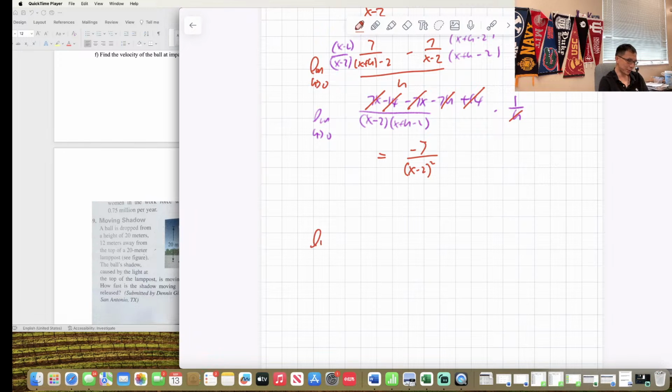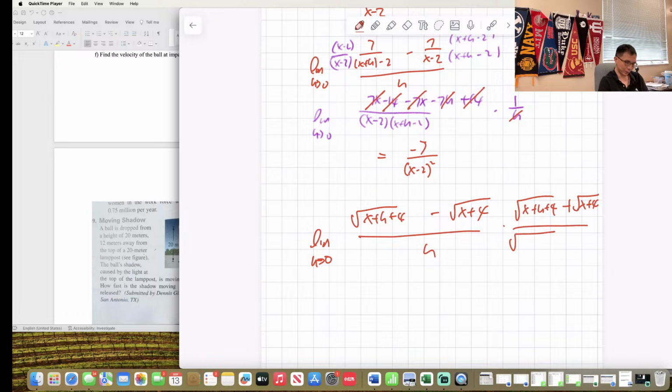Okay, so the next one is the limit as h approaches 0 of the square root of x plus h plus 4 minus the square root of x plus 4, over h. Multiply by the conjugate, square root of x plus h plus 4 plus square root of x plus 4, over the same. Oops, I'm going too fast.